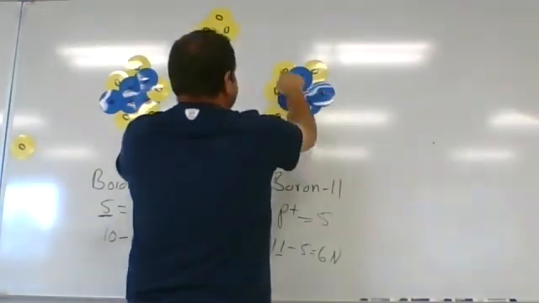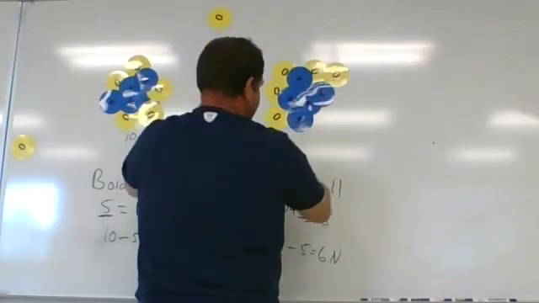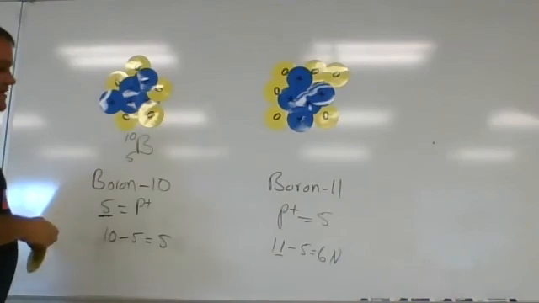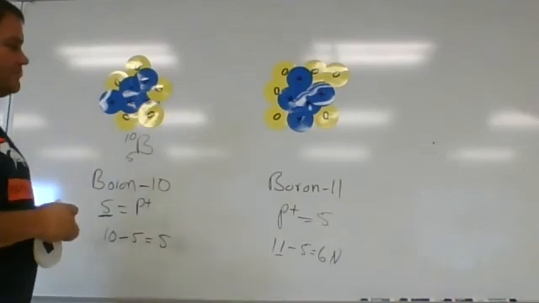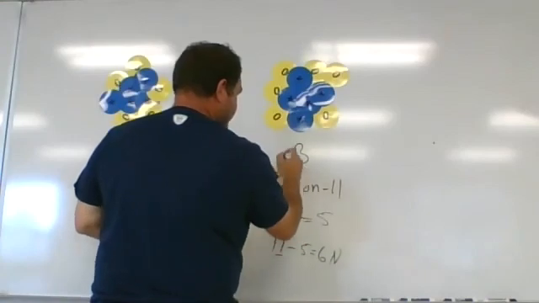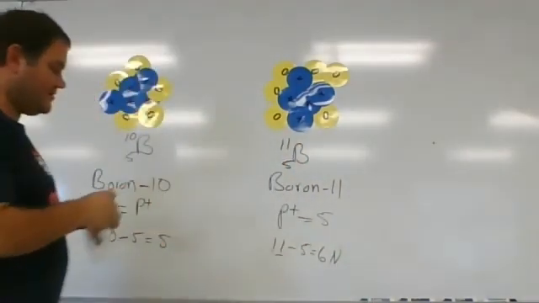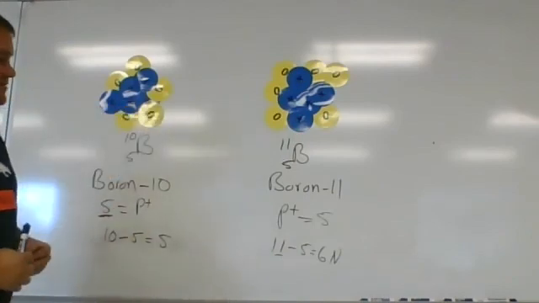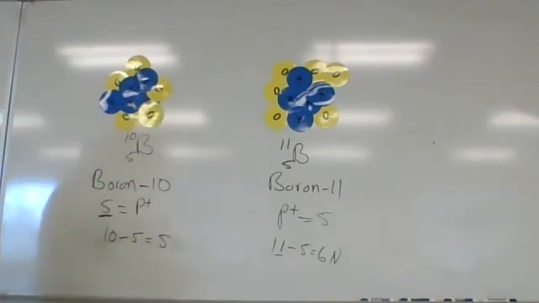Okay, so 1, 2, 3, 4, 5, and 6. That would be an example of the boron-11 symbol with its 5 protons and mass number of 11. These are the 2 isotopes of boron that we find in nature.